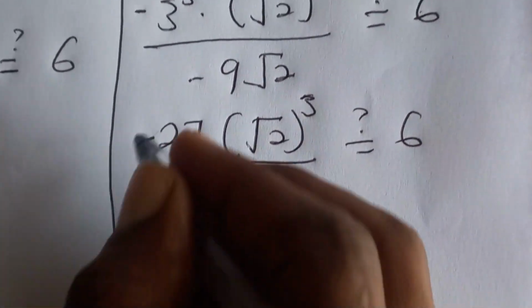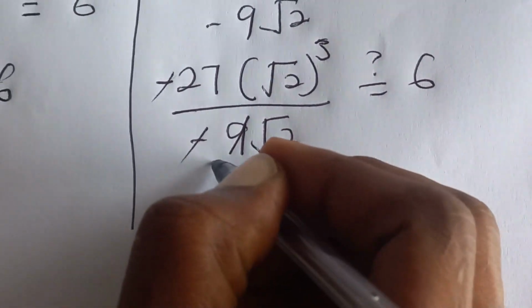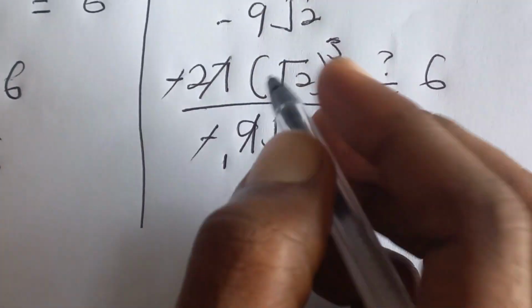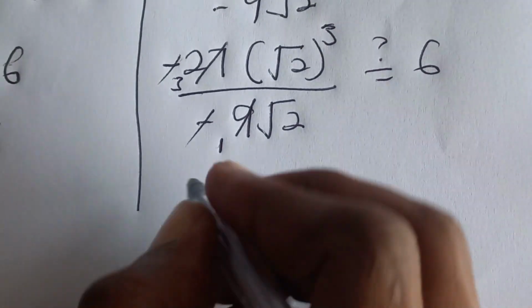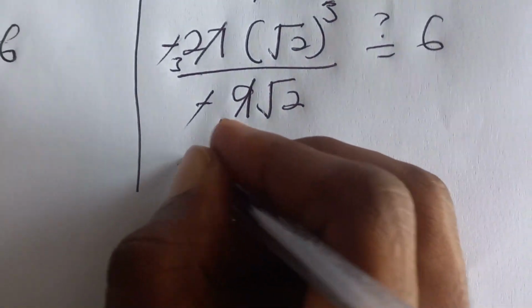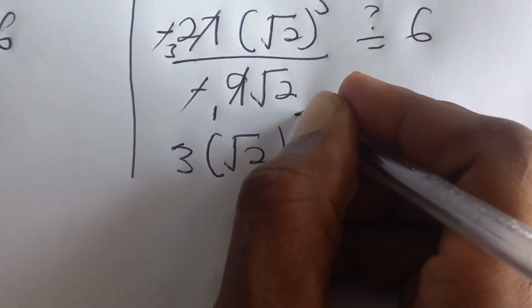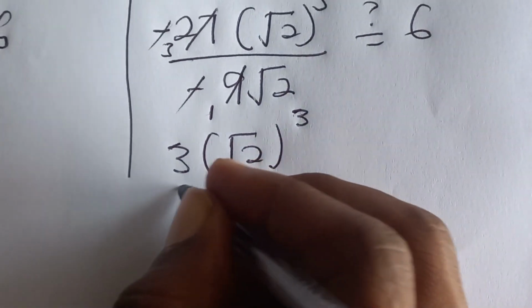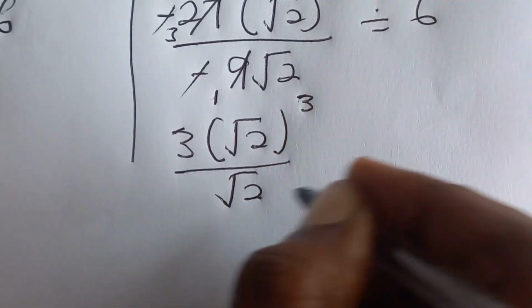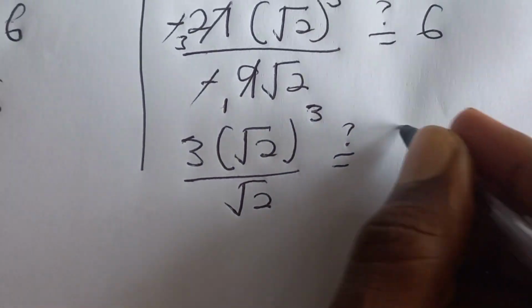So negative will cancel negative. 9 goes into 27 3 times. So we are going to get 3 into bracket root 2 exponent 3 on root 2, which is to be equal to 6.